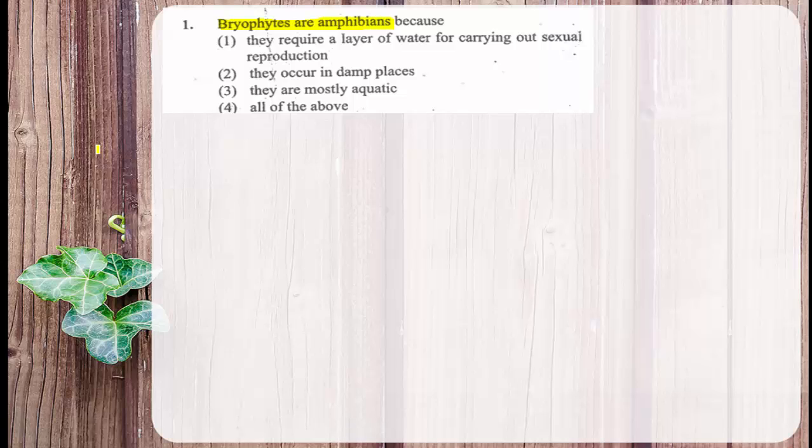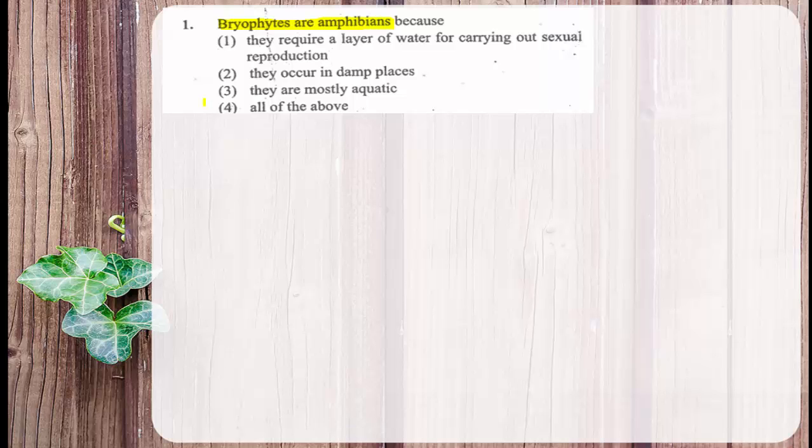Even though bryophytes grow on the land, for the transfer of male gametes, that is antherozoids or the sperms, they are dependent on water, and gametic fusion is the character of sexual reproduction.